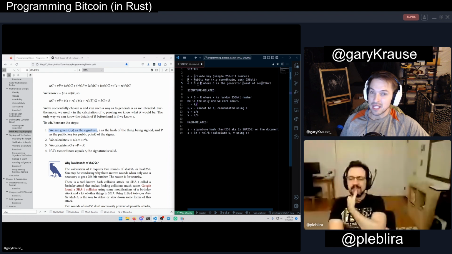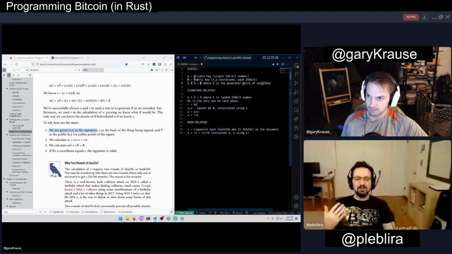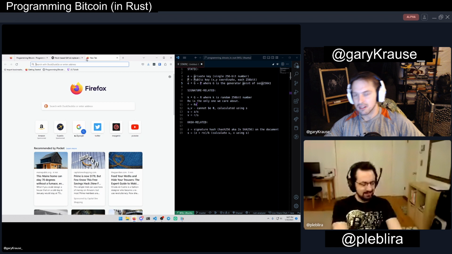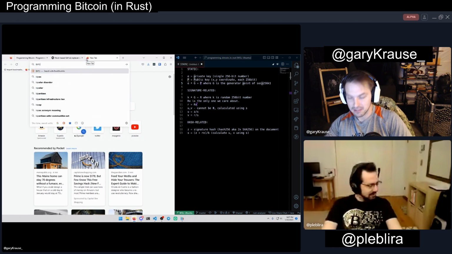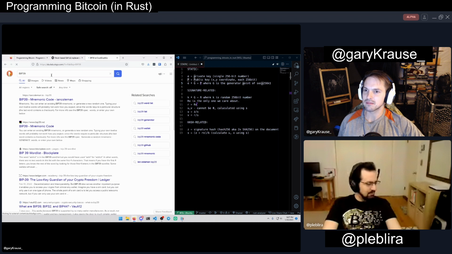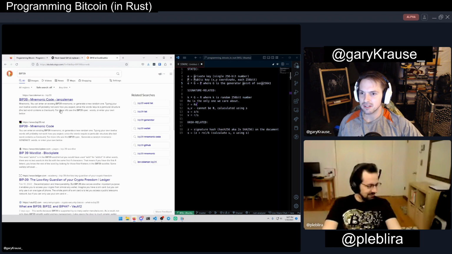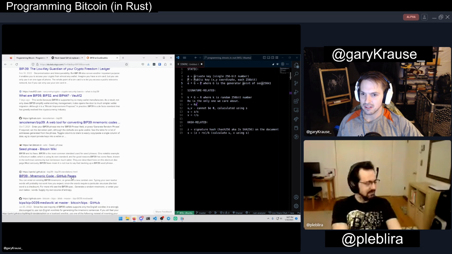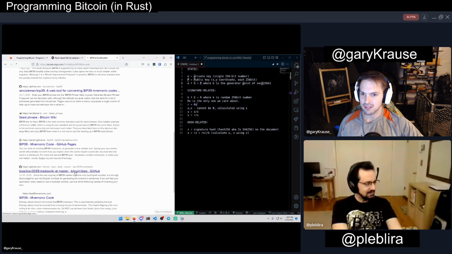Okay. And the way that we get to P, before BIP 39, right? Was it BIP 39 that brought up the HD wallets? BIP 39 is the mnemonic seed phrases. But the HD wallets, right? BIP 32 maybe.